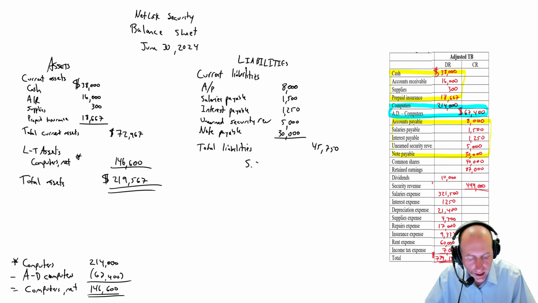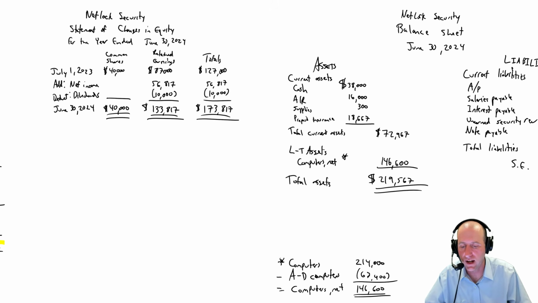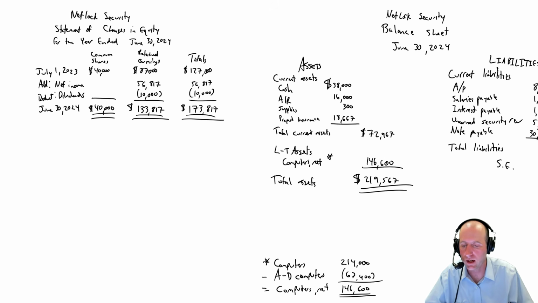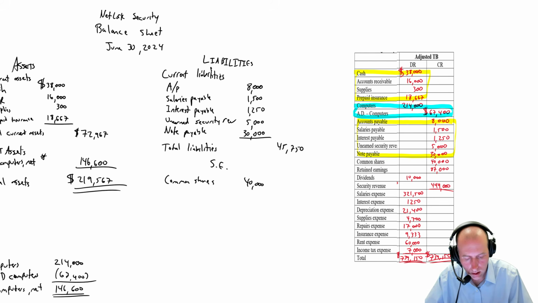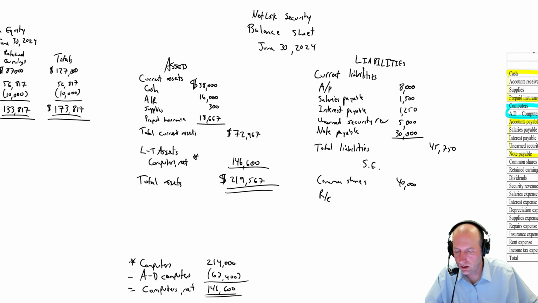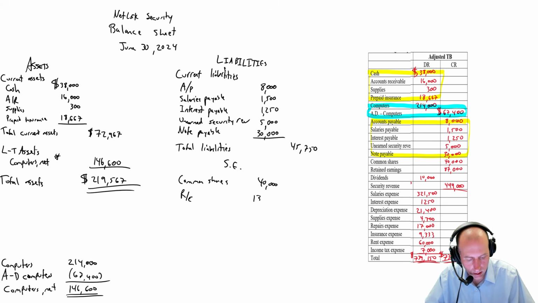On to shareholders' equity. Shareholders' equity should be dead simple because I just did a statement of changes in equity and I just take the numbers straight off of there. Common shares 40, retained earnings 133,817. I've got to remember that number, 133,817.